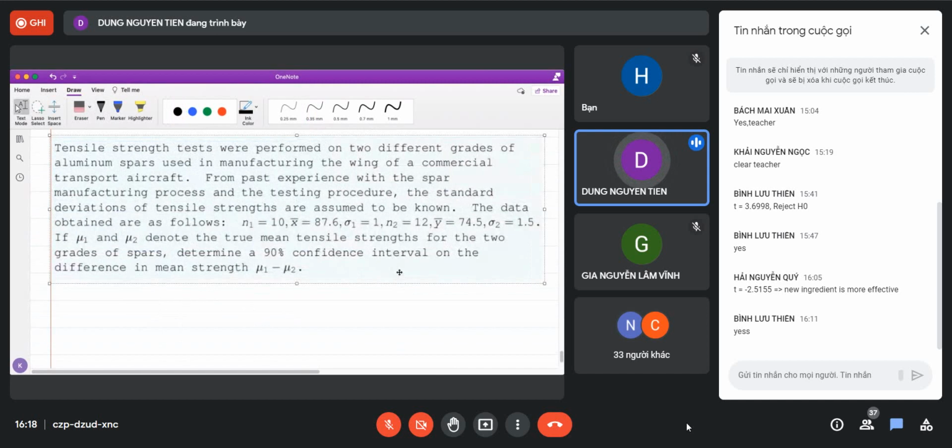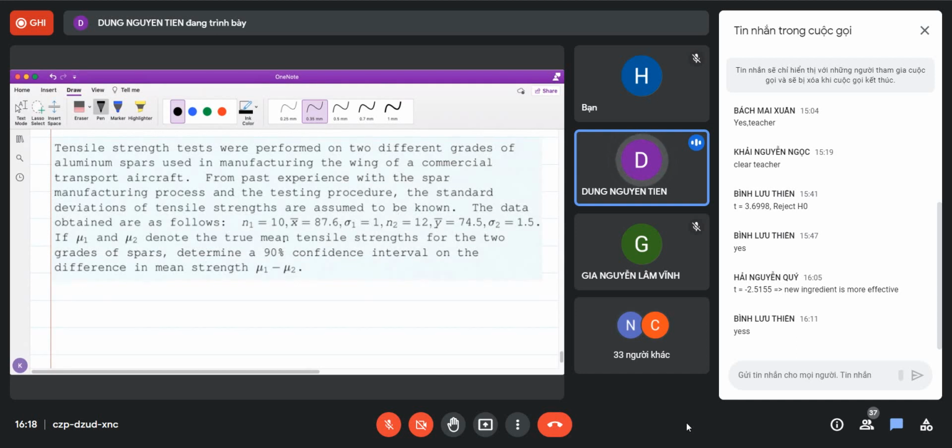Tensile strength tests were performed on 2 different grades of aluminum spars used in manufacturing the wing of a commercial transport aircraft. From past experience, the spar manufacturing process and the testing procedure, the standard deviations of tensile strengths are assumed to be known. The data obtained are as follows.